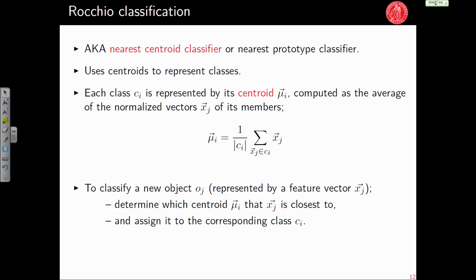They won't change. You won't add new members to the class. Especially if the training data that you have was produced by humans. So people sat down and classified the different documents, then you trust that this knowledge is accurate. When you start relying on the output of the classifier itself, then you no longer have reliable data that allows you to compute the centroid.